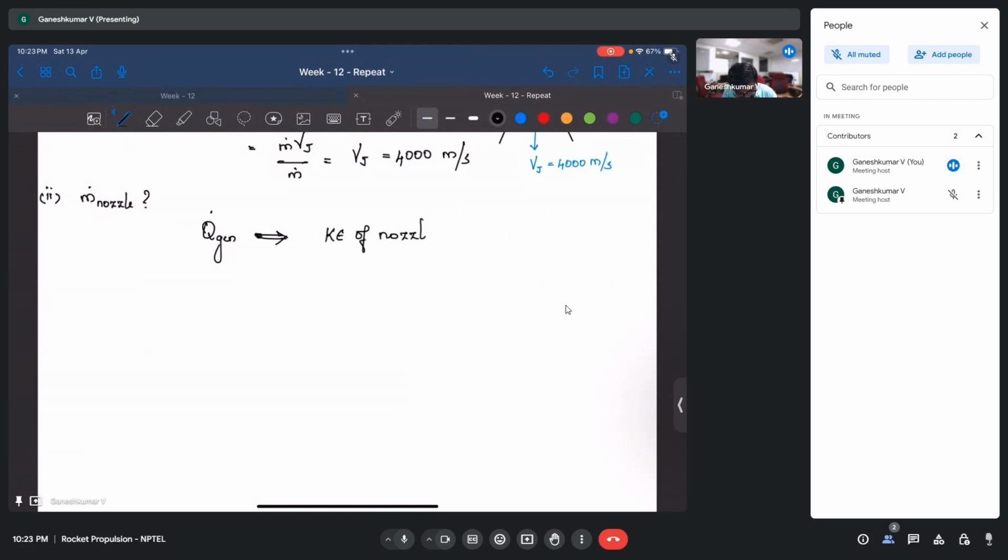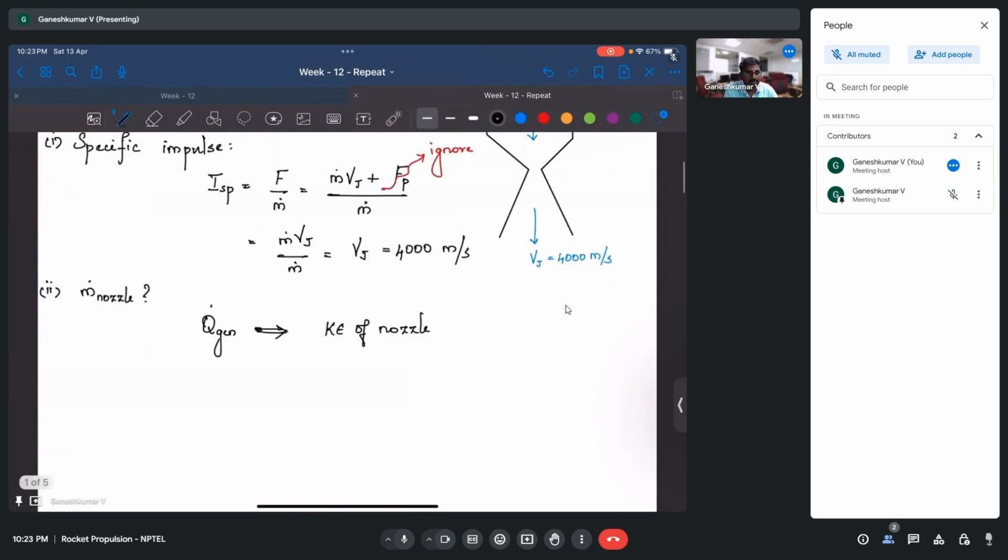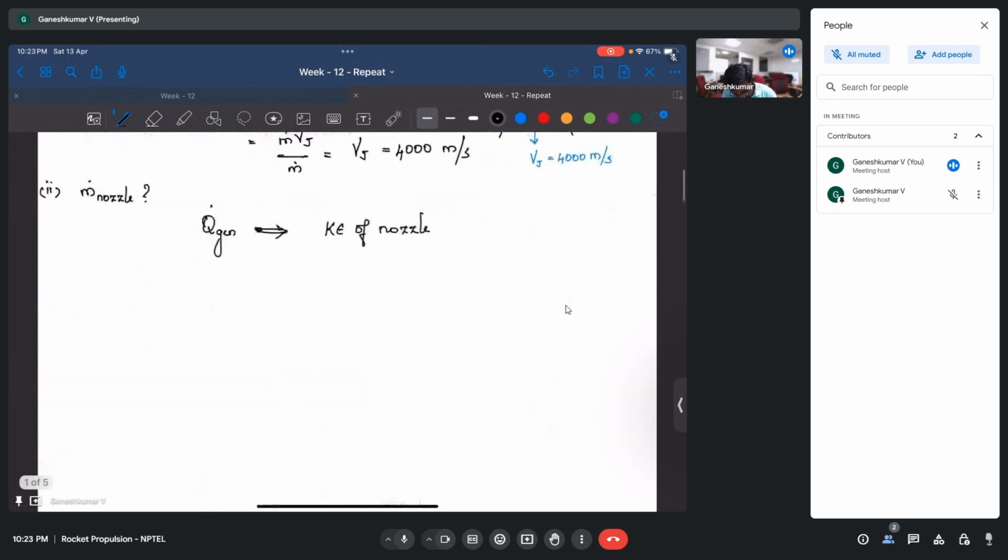The heat generated is in watts, which means it's power, the rate of change of energy. So Q dot generation is equal to d by dt of kinetic energy of the gases. We all know the kinetic energy of the gases is half m vj square.